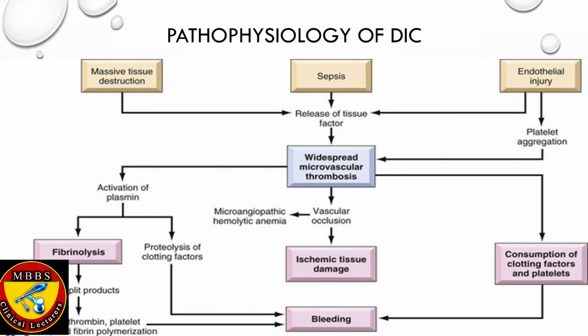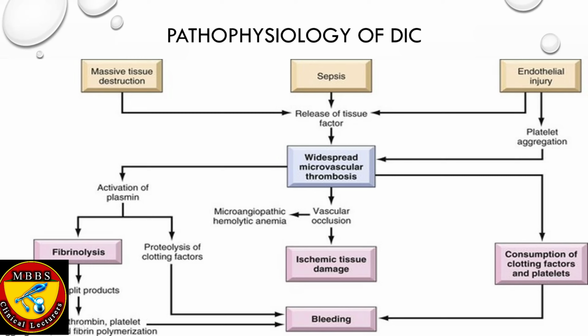Moreover, it can also activate plasmin. The activation of plasmin will cause fibrinolysis, that is fibrin split products, and inhibition of thrombin, platelet aggregation, and fibrin polymerization. And activation of plasmin will also cause degradation of clotting factors.